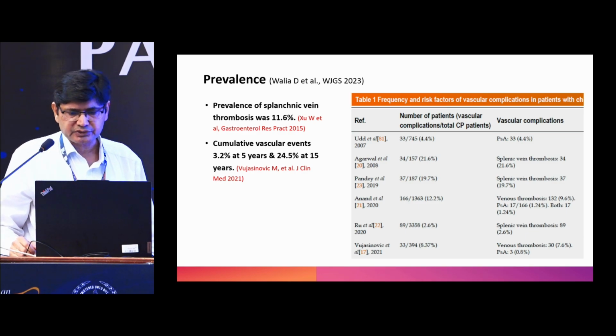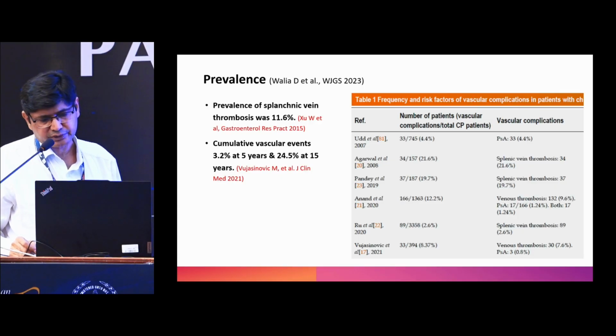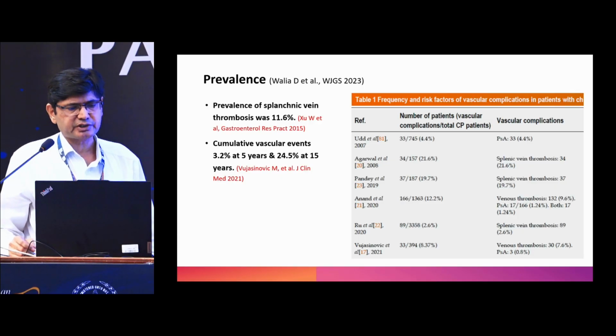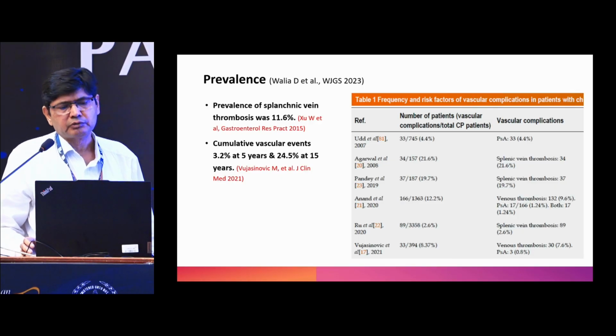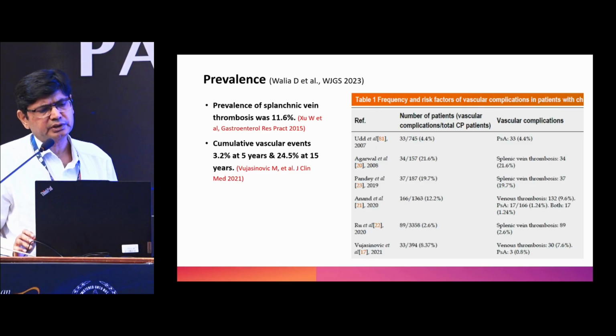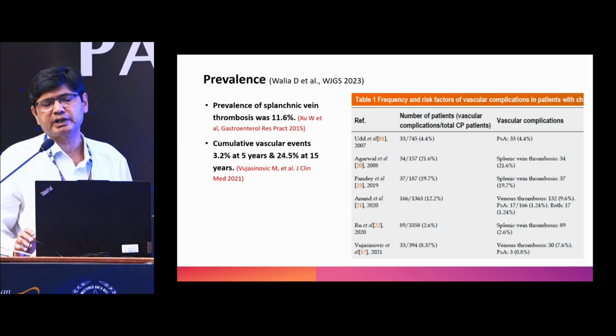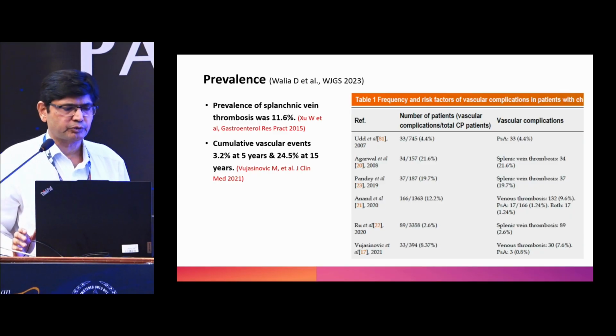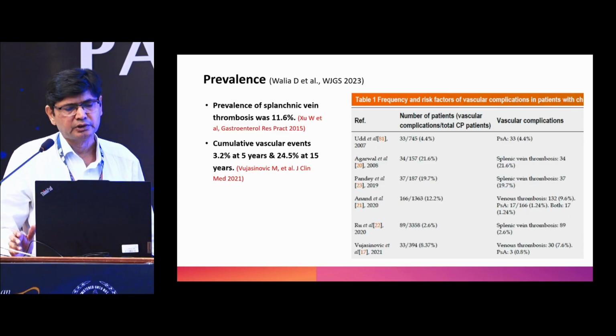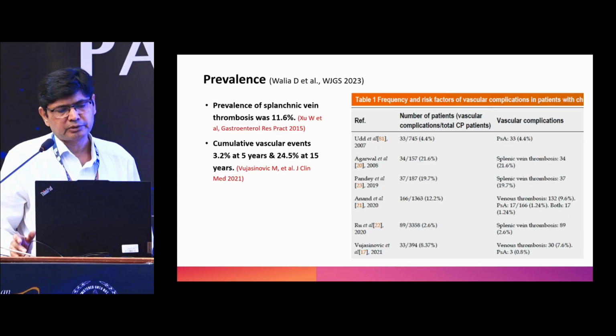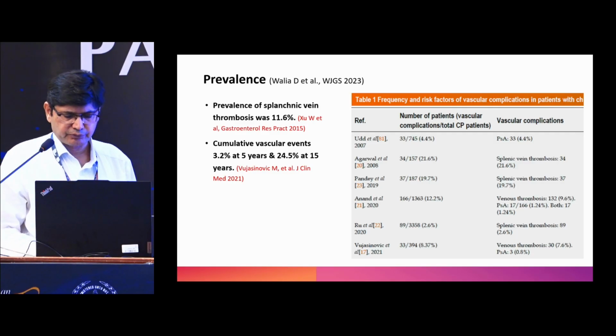One series from Dr. Saraya's group reported around 12%, and in Western series it is just 10% or less. Cumulative vascular events increase as time increases, at 3.2% at 5 years, whereas it is 24% or more at 15 years.